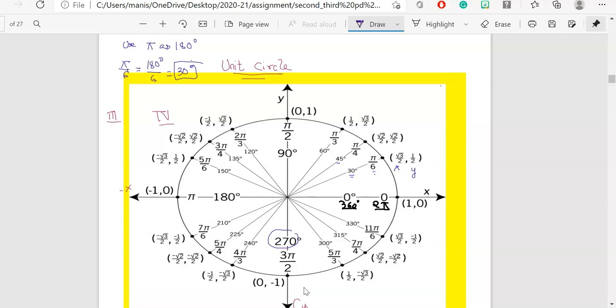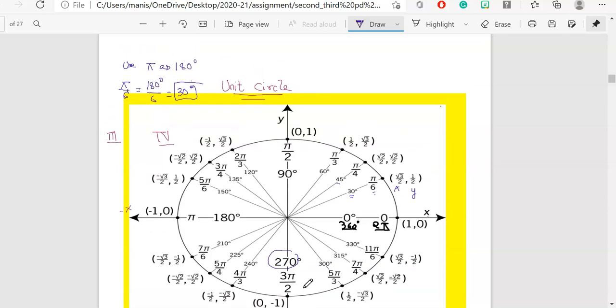Now, when we are working on some of the problems and using our unit circle, I will be using some formulas or some values over here. The first one is sine theta is equal to y. The second one is cosine theta is equal to x. The third one is tangent theta is equal to y over x.